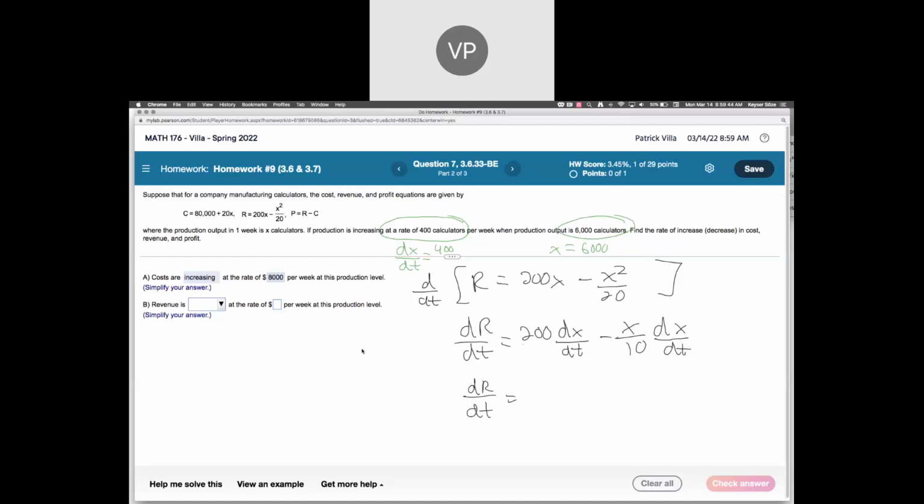So dR/dt equals 200 times the 400. Remember, dx/dt is 400. Minus x over 10, well, x is 6,000 over 10, again times the 400. Now we multiply these all out, we get 80,000 this time, minus 600 times 400.